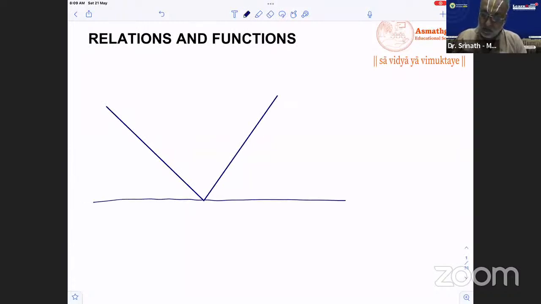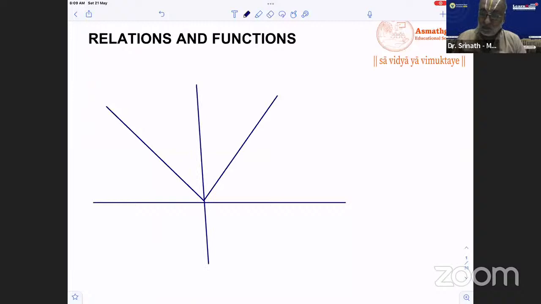So this is the x-axis, and this is the y-axis. It is completely above the x-axis. It touches the x-axis at the origin, in fact, and it is symmetrical about the y-axis. So this mod x, we also know, should be taken as x when x is greater than or equal to 0, and it is minus x when x is less than 0.